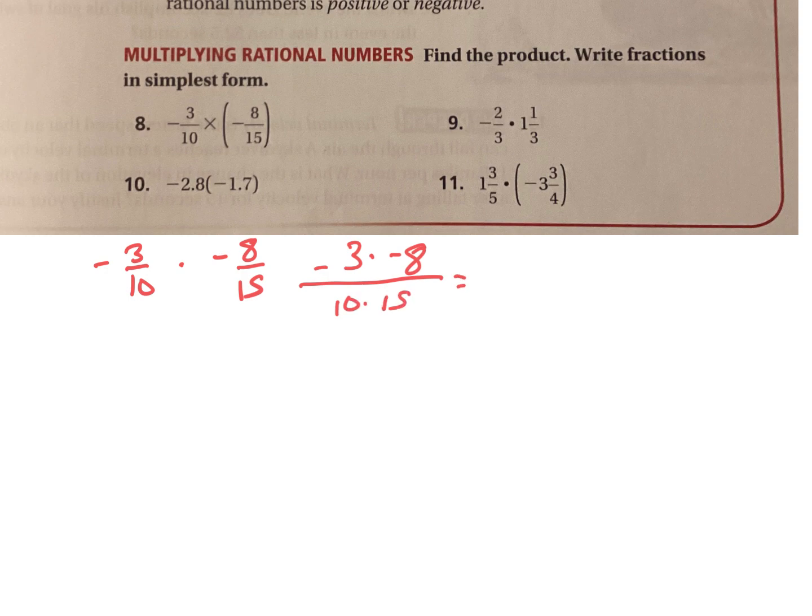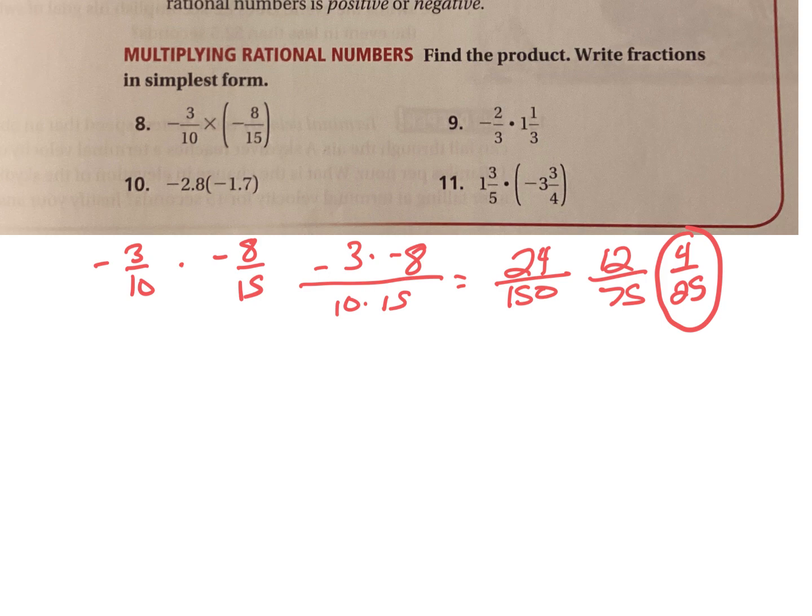And negative 3 times negative 8 is 24. 10 times 15 is 150. Now I can simplify that down to 4 over 25, since 3 goes into there, so that's 4 25ths. And I think that's as simple as I can get it. So I circle it, and I'm done.